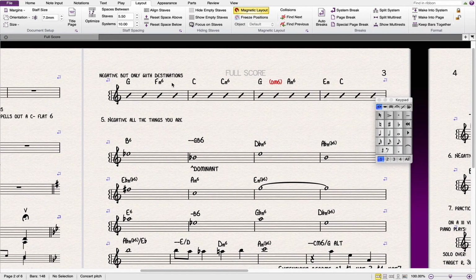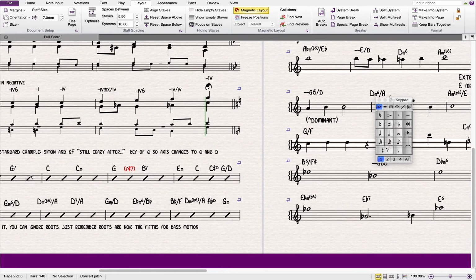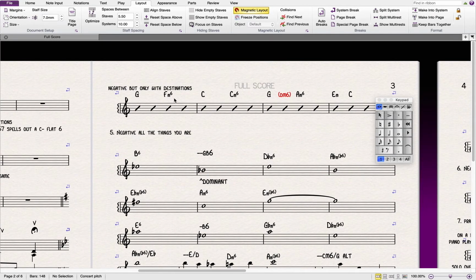So G, and rather than we are going to C, so we keep that chord, but instead of the G7, we're going to make it F minor 6, right? So that's how you could implement that over the G7. We're going to keep C minor 6 because that's going back to G. So anytime there's a destination, that's when we're thinking about minor. So we have it going to the 6th chord here, which is an A minor 6 instead of the B7.